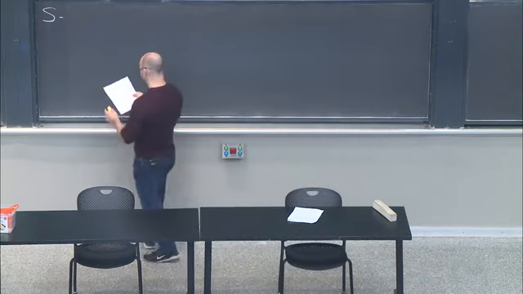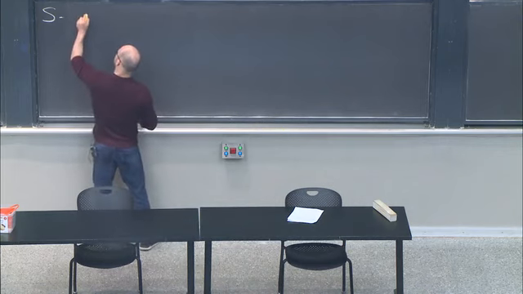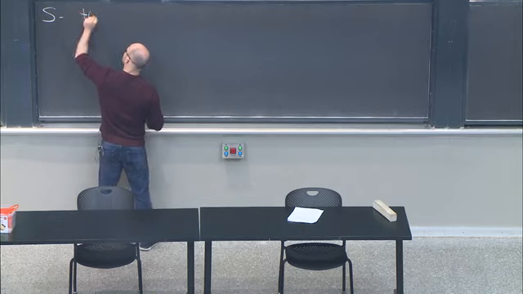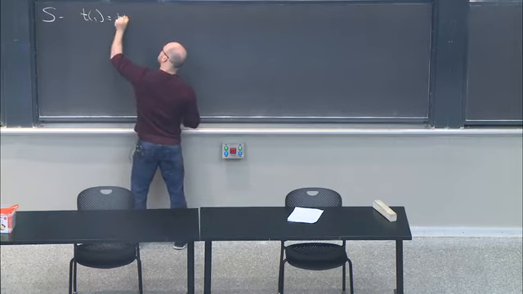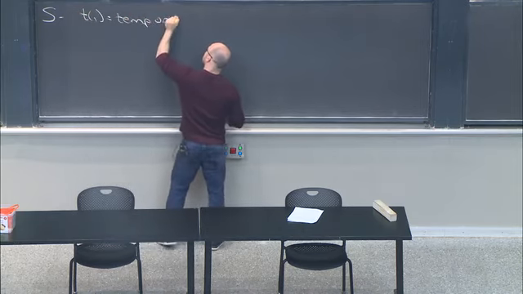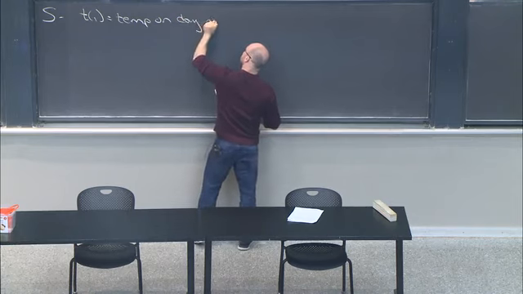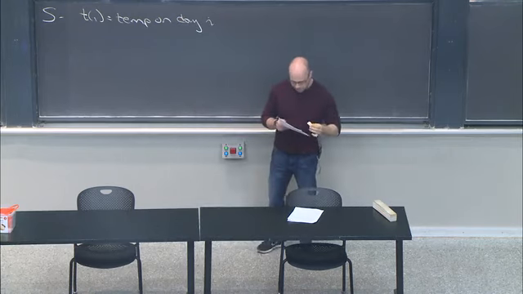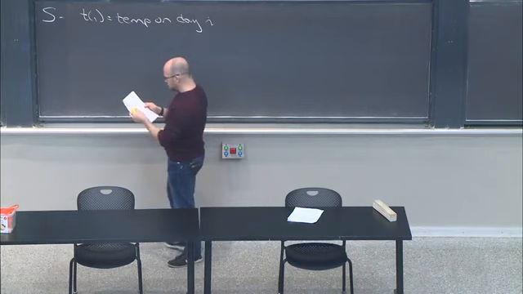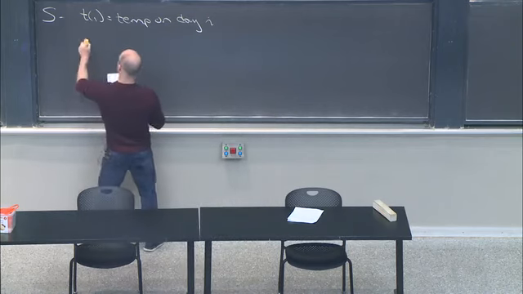Okay, so in particular, just to add a little bit of notation, let's say that T of I is equal to the temperature on day I. Now we're going to make a new thing, which is going to be the actual variable we want to compute.